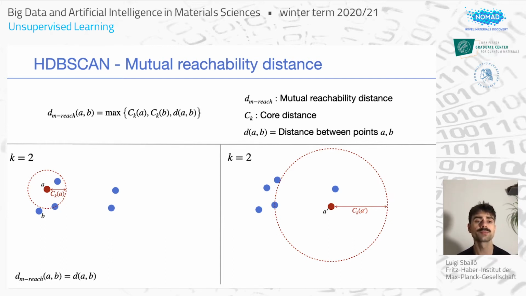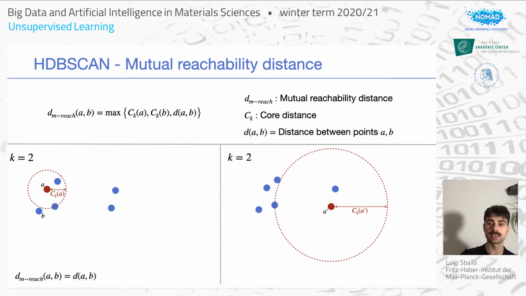This happens because A is located in a dense region, and as you can see, the mutual reachability distance is essentially the same for all those points that live in a very dense region.